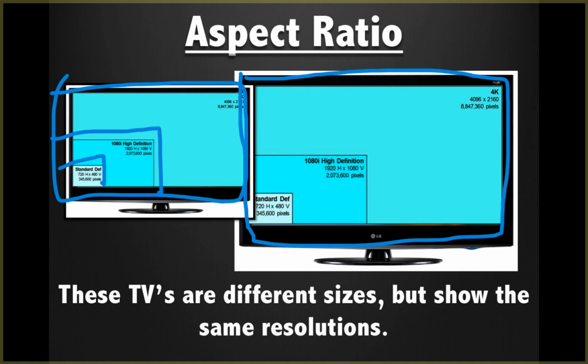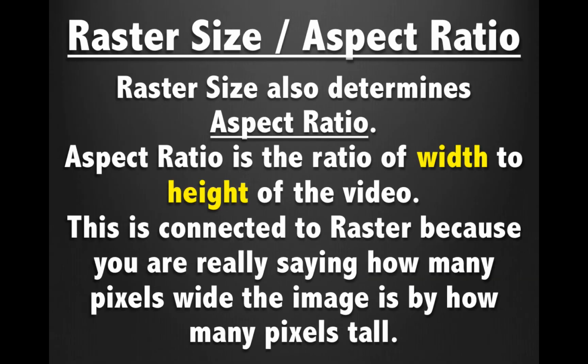The size doesn't matter in terms of giving you an image. It's still the same resolution. It's just a different size monitor. But when you're talking raster, size can also determine aspect ratio.